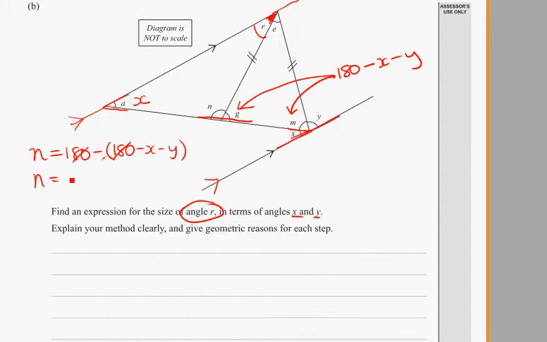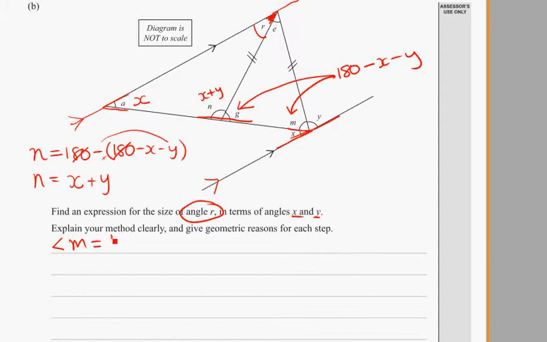Negative times negative will make that positive x, and similarly with the y, when we multiply, two minuses make that plus y. So that would give me an expression for that. And then to find R, we need to do 180 minus both of those. So now that we have a plan, we'll start explaining what we've done.